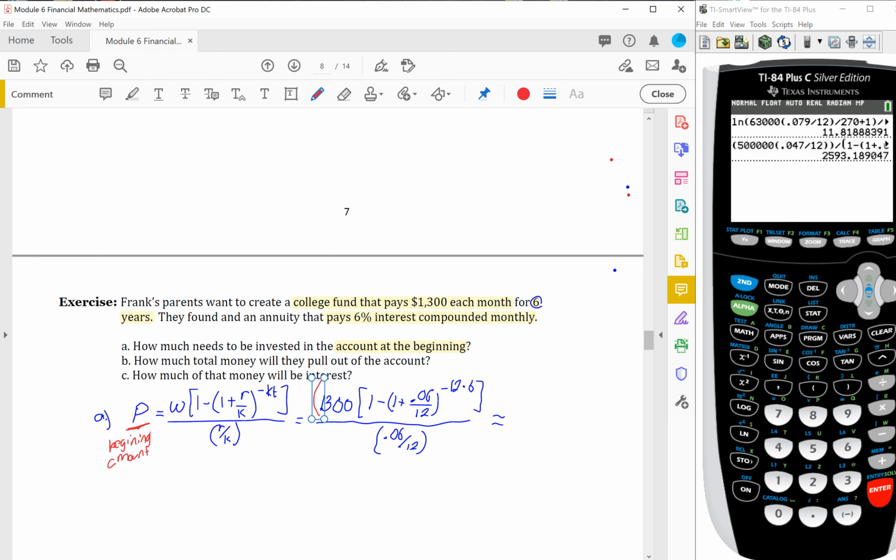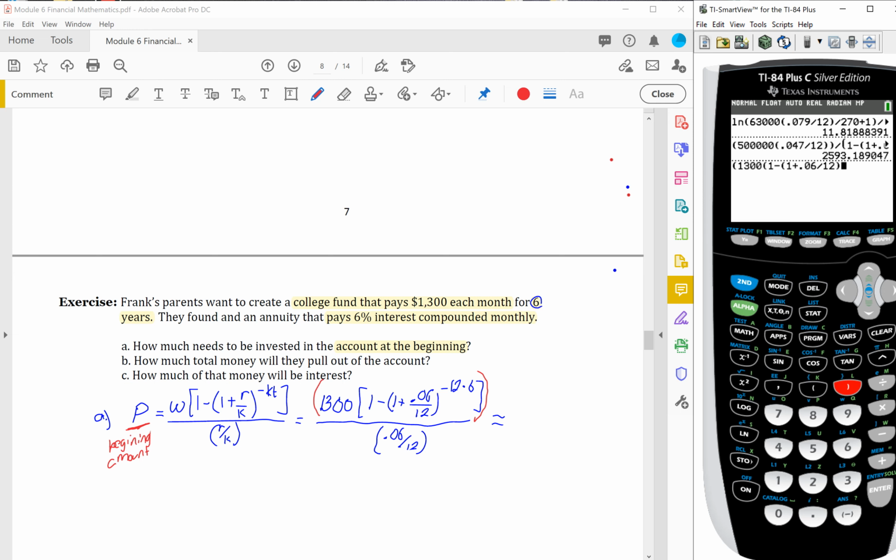So I'm going to put a parenthesis here and here just to group my numerator of my fraction. So parenthesis, 1,300, parenthesis, which represents my first bracket here, 1 minus another parenthesis that represents how I'm adjusting my interest rate, 1 plus 0.06 divided by 12, parenthesis.